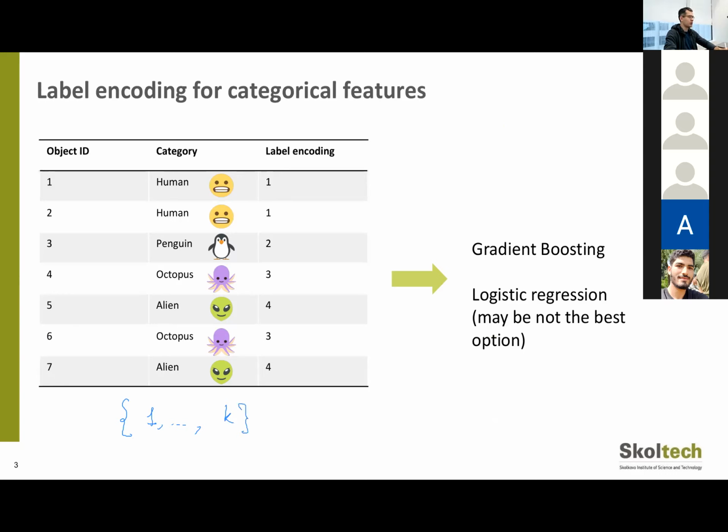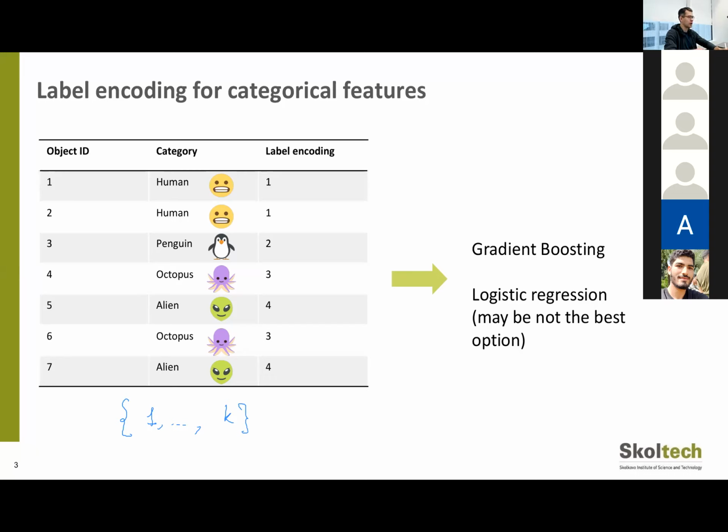In this example on the slide, we have 7 IDs and 4 possible values for the categorical variable: human, penguin, octopus, or alien. The simplest encoding here is label encoding.